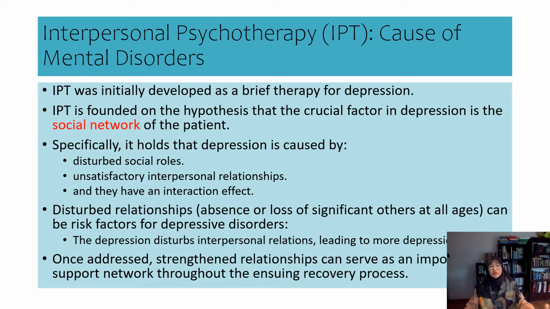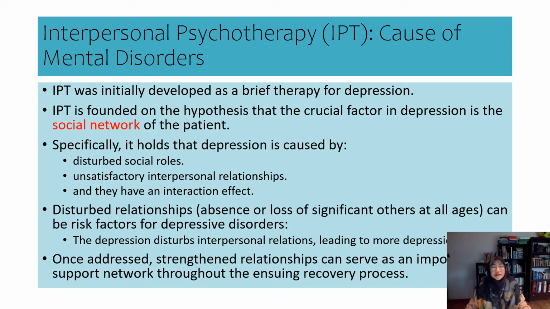The other thing is that sometimes disturbed social relationships can also be defined as absence or loss of significant others at old age. You have grief, for example, when you were young and you lost your parents, someone you love, or you lost your grandparents who were very close to you, and if you do not address this issue earlier, it can cause a depressive disorder.